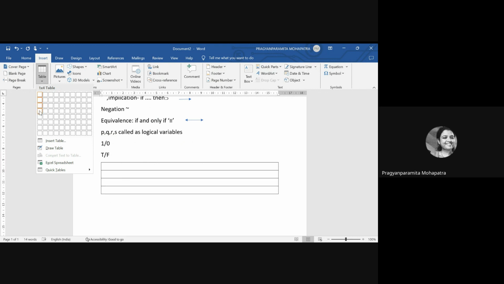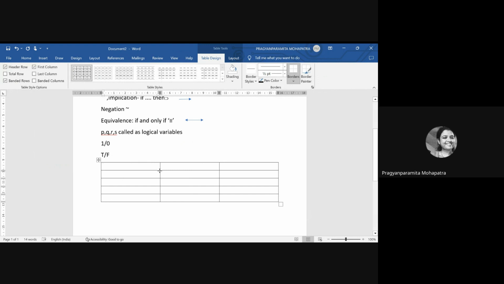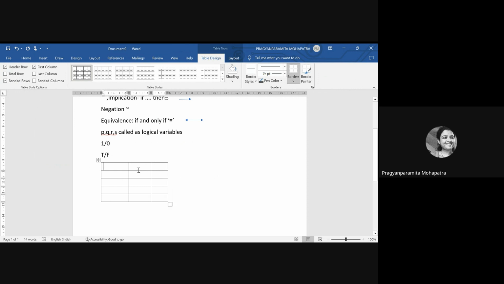Listen carefully. How many propositions do we have? We have P as a proposition, Q as a proposition, and then our compound proposition, P and Q.